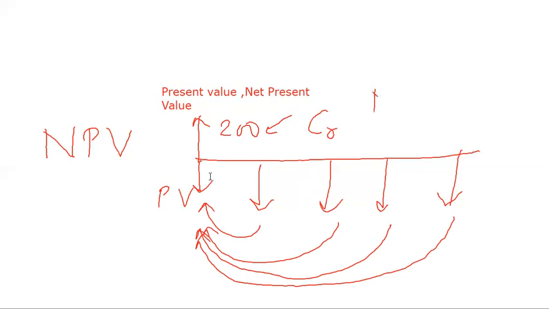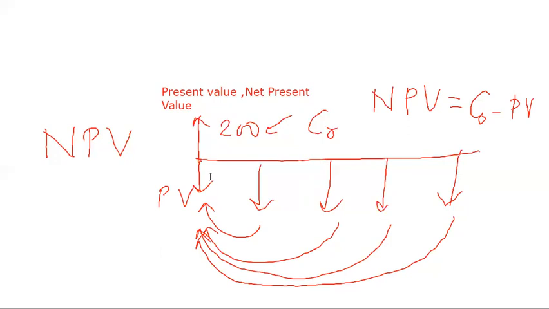So the net present value would be the difference between the initial investment and the present value. Now it depends upon how you are defining it, whether it is C naught minus PV or PV minus C naught.